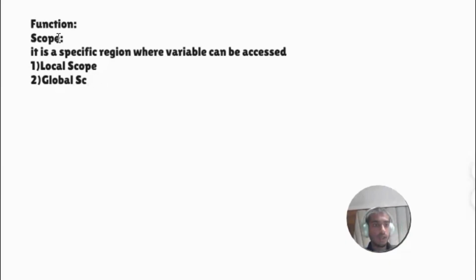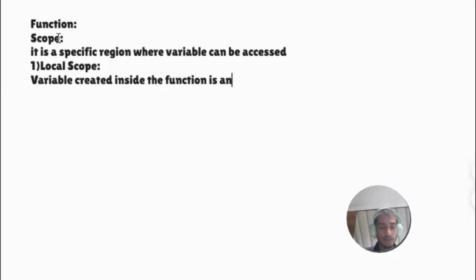Starting with local scope. Local scope is nothing but a variable created inside the function belongs to the local scope.